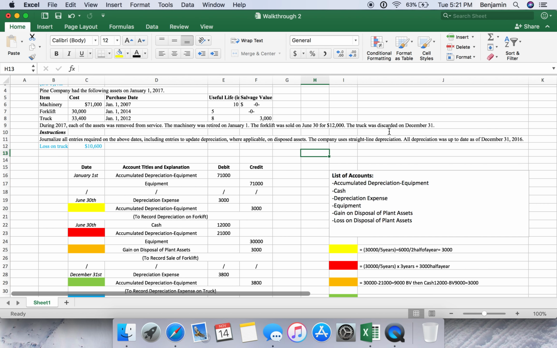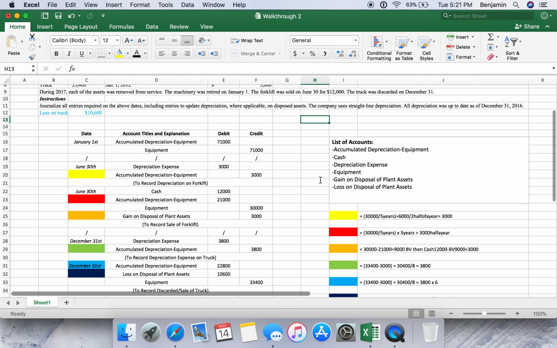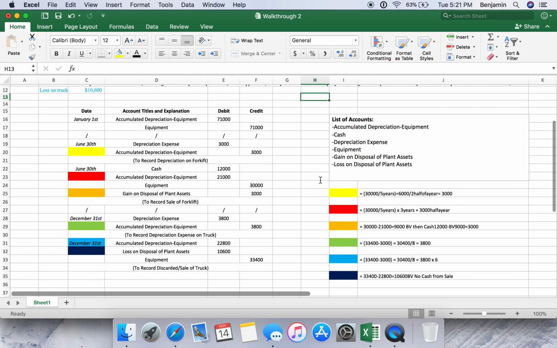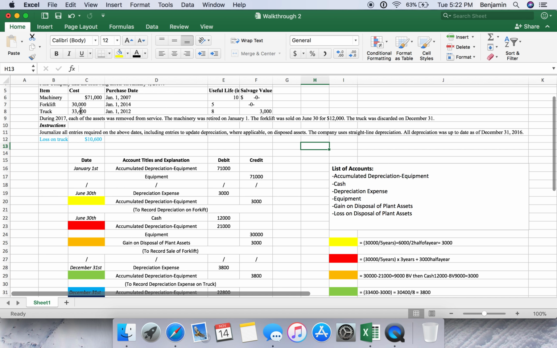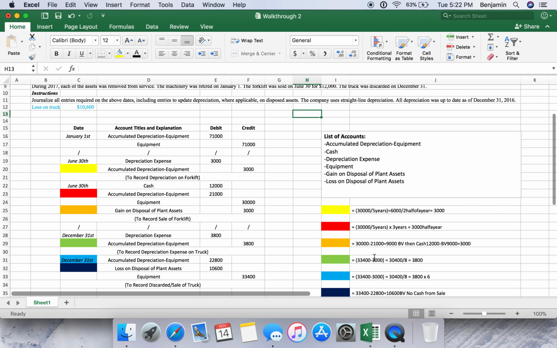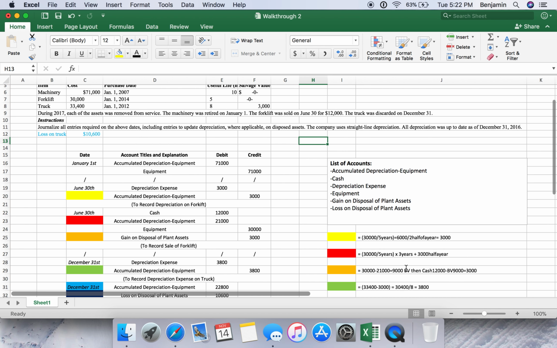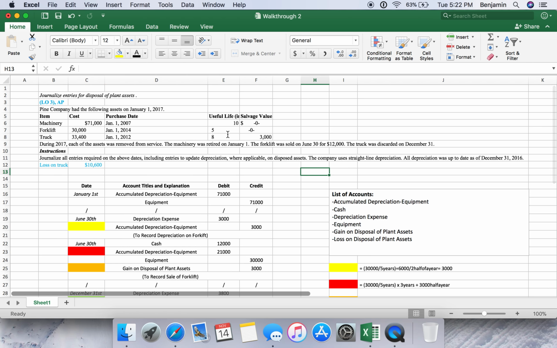So the last step we have is the truck. The truck was discarded on December 31st. And so the truck had a full year of depreciating. To find that, we take the truck's value, which is $33,400, and subtract 3,000. That will give us $30,400, and then we divide that by its useful life, which is 8 years.